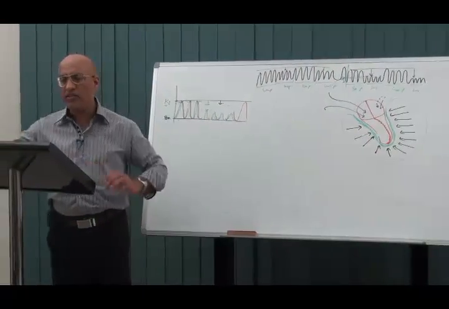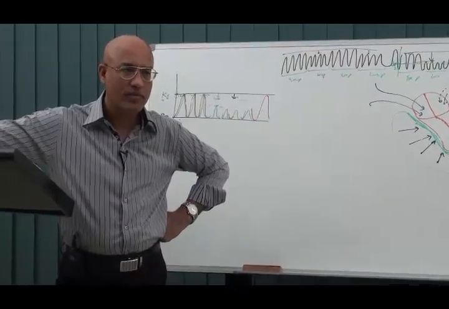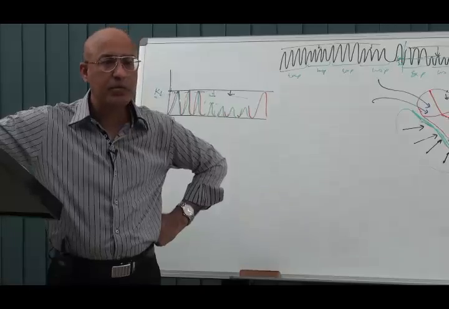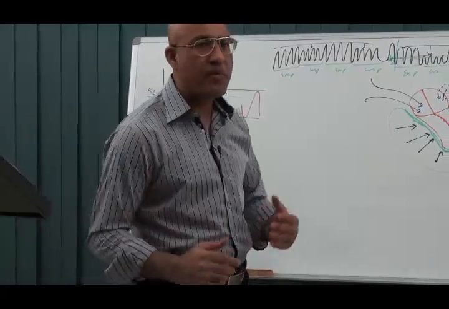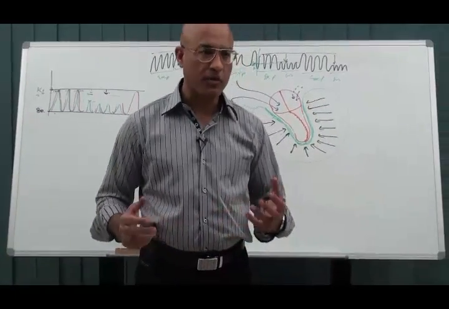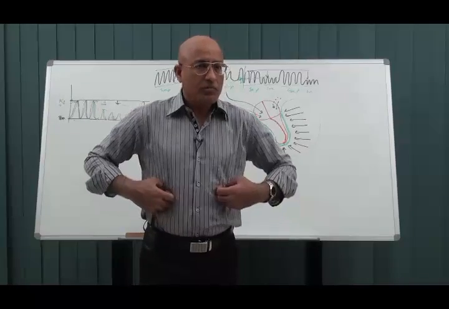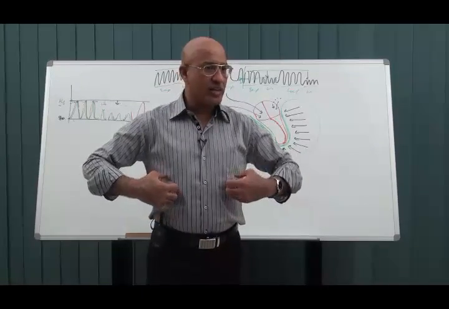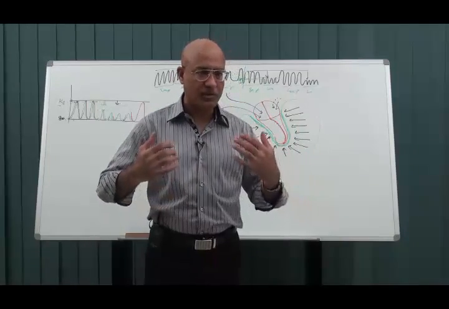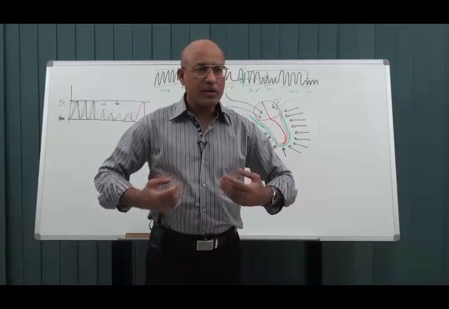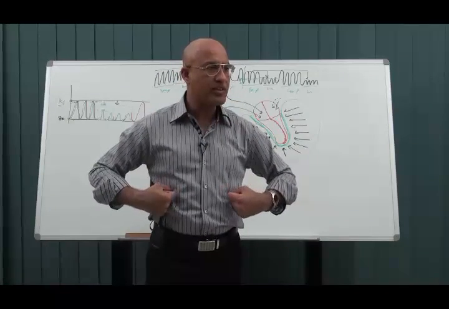Now, actually pulsus paradoxus is not specific for cardiac tamponade. It can be positive in some other conditions also. For example, pulsus paradoxus may be present in chronic obstructive airway diseases like asthma. When chronic obstructive airway disease, or even sometimes acute obstructive airway disease, is there, to take the air in you have to generate very negative pressure in the chest.